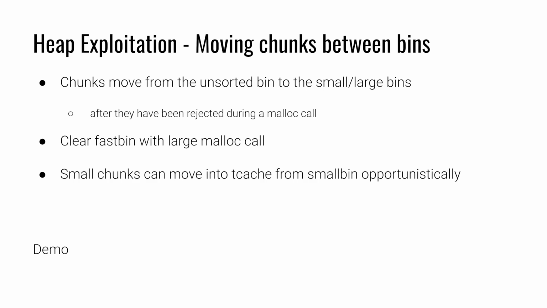But if the chunk is larger than what we need, the allocator will split that chunk right now while it's in the unsorted bin. It'll return the piece that is needed for malloc, and leave the remainder in the unsorted bin. So the unsorted bin is a location where chunks can also get split. This means we can create smaller chunks via the unsorted bin and then flush the unsorted bin to place those chunks where we want.